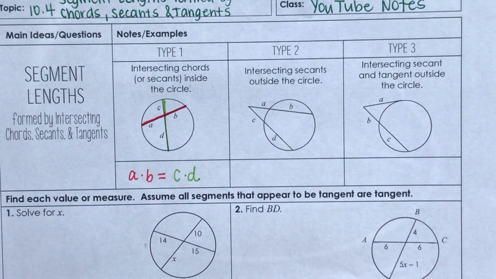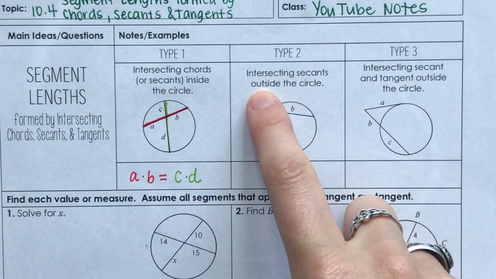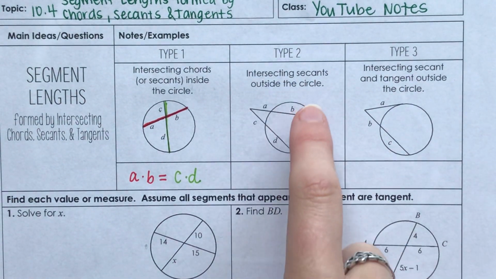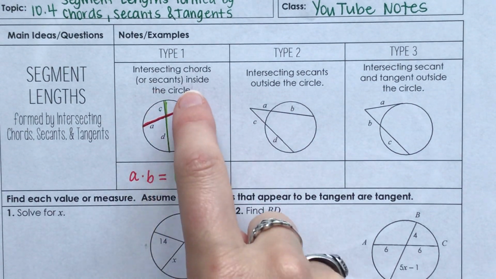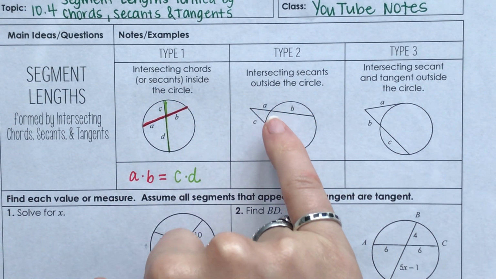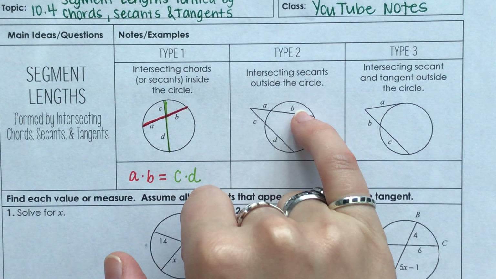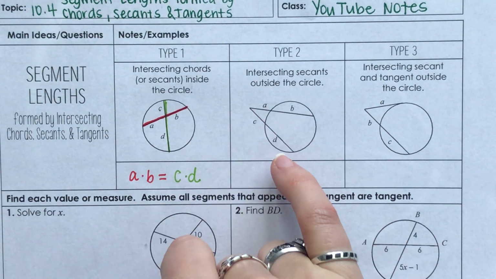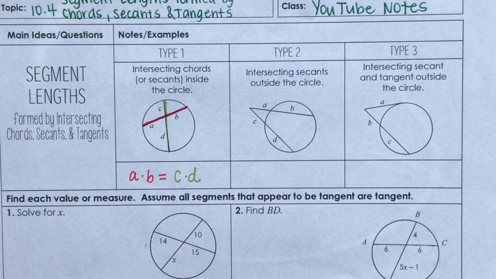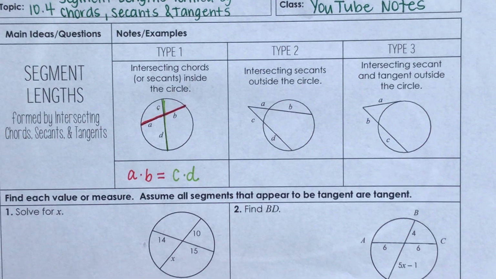The second type are intersecting secants that are outside of the circle. You see how these lines were just inside the circle. In type 2, I've got a line that's outside, a line that's inside, a line that's outside, a line that is inside. This one is just a little bit different.